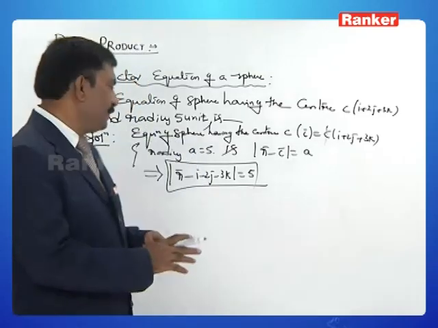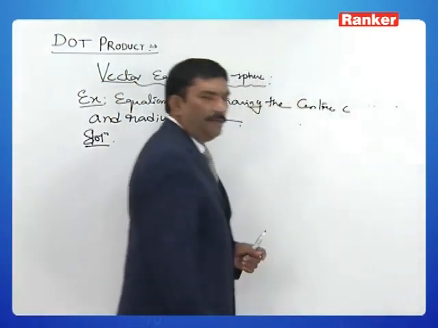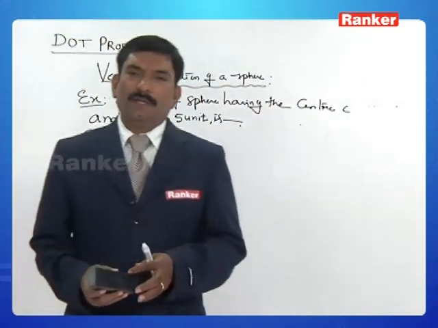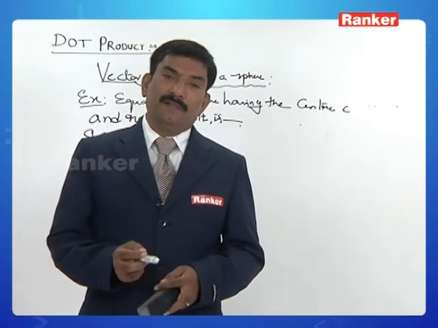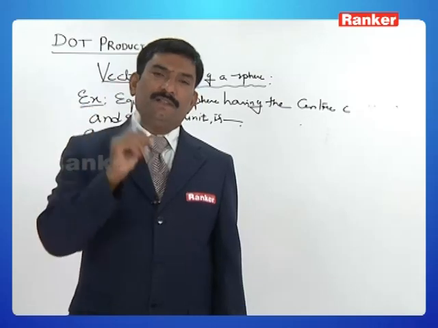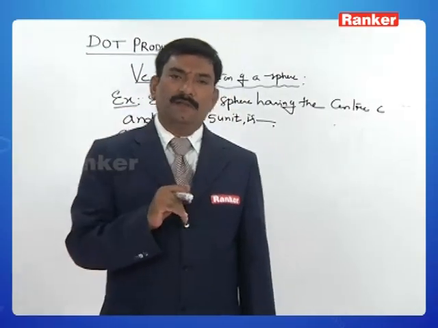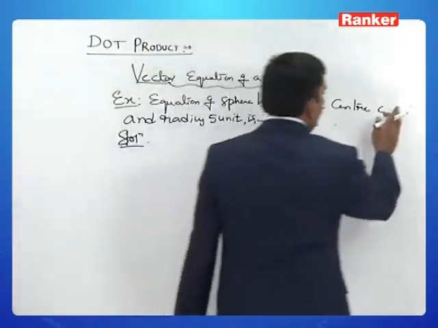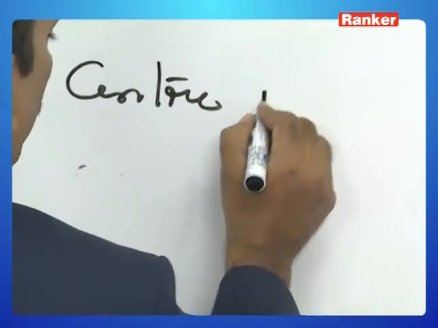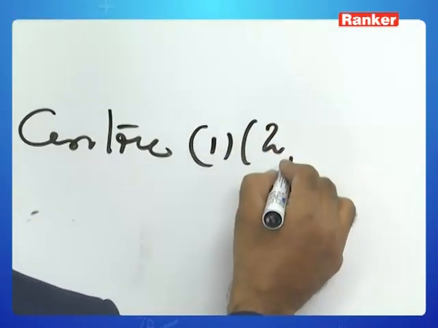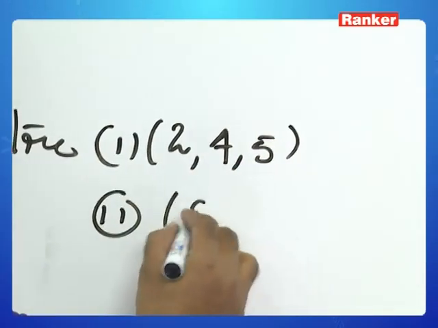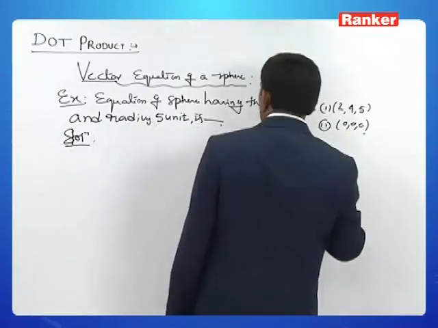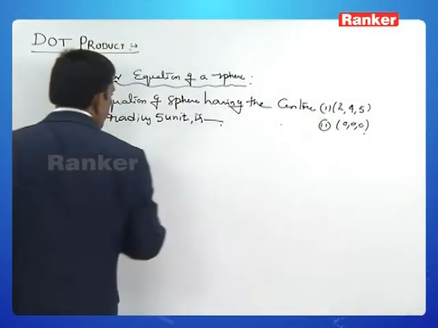Followed? Right. Now I want to find the Cartesian equation of a sphere having the center and radius given. The first center is 2, 4, 5. The second is 0, 0, 0 and radius 5 units.